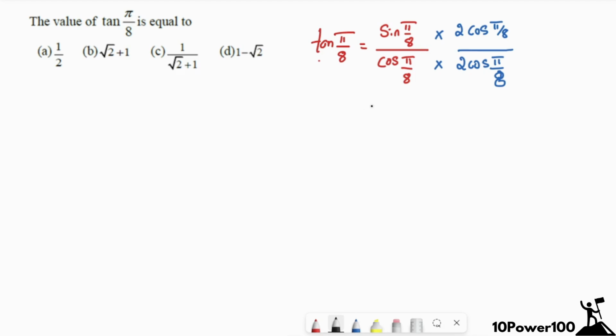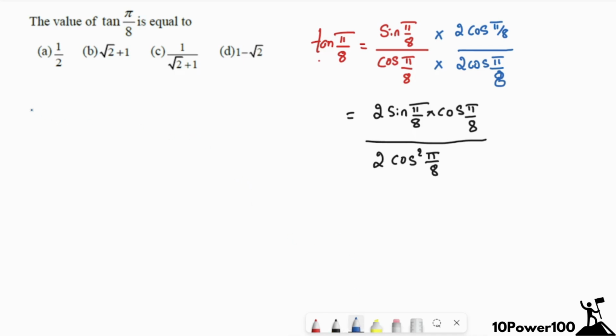So the ratio becomes 2 sine pi by 8 into cos pi by 8, divided by 2 into cos square pi by 8. So now you all know one of the formulas, that is sine 2 theta is equal to 2 sine theta into cos theta.